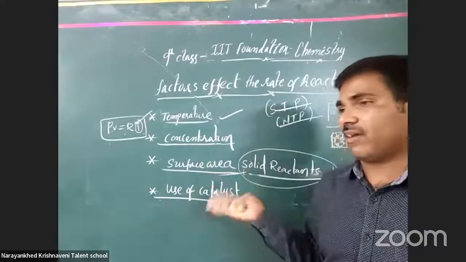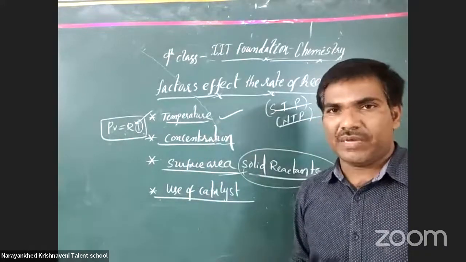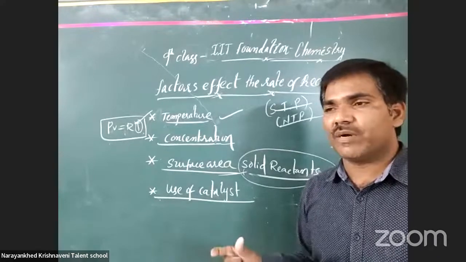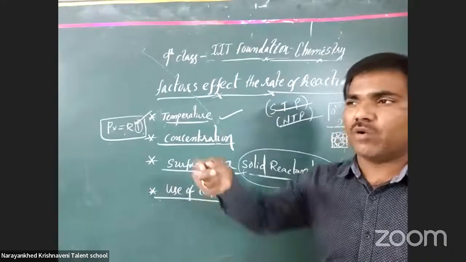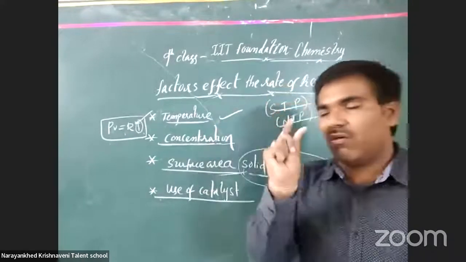Like that is the surface area of whatever solids we are using. Clear or not? Suppose in the burning process we are using coal. If only some small particular area burns, we get a small amount of heat.